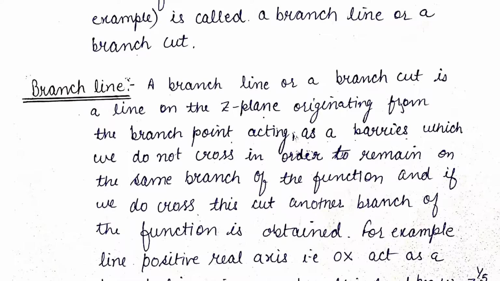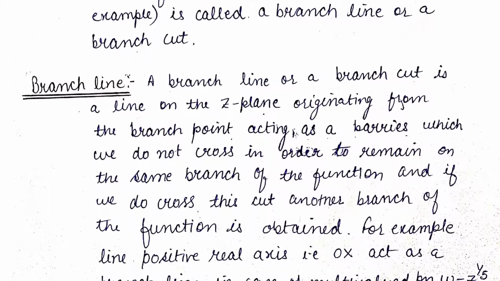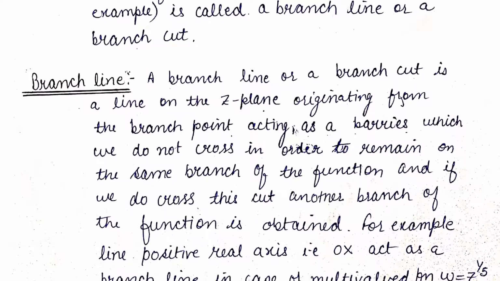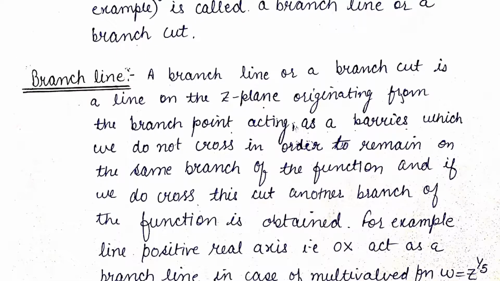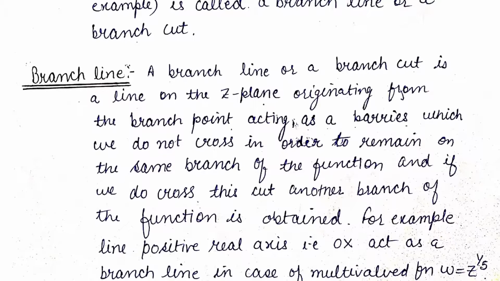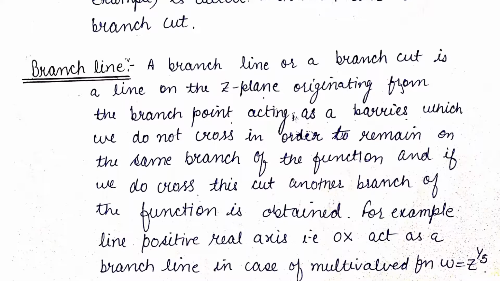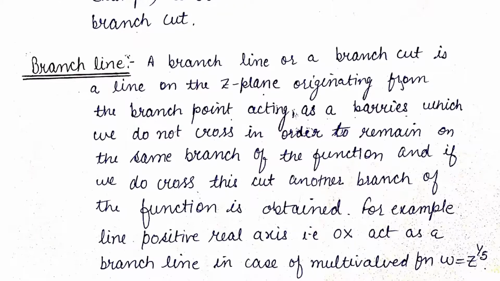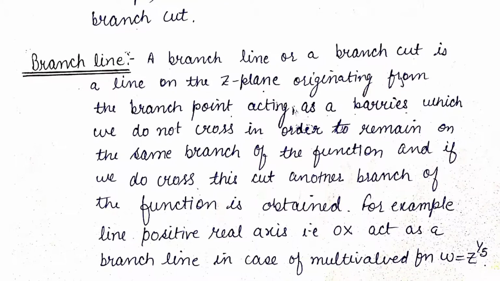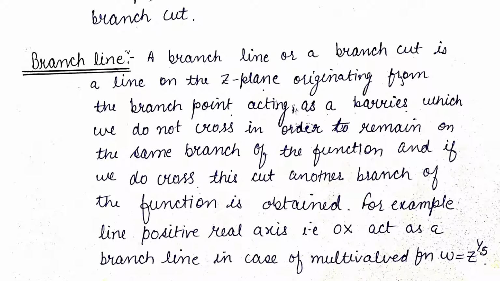For example, in case of w is equal to z raised to power 1 by 5, the line theta is equal to 2 pi acts as the natural barrier, and hence it is a branch line or branch cut.